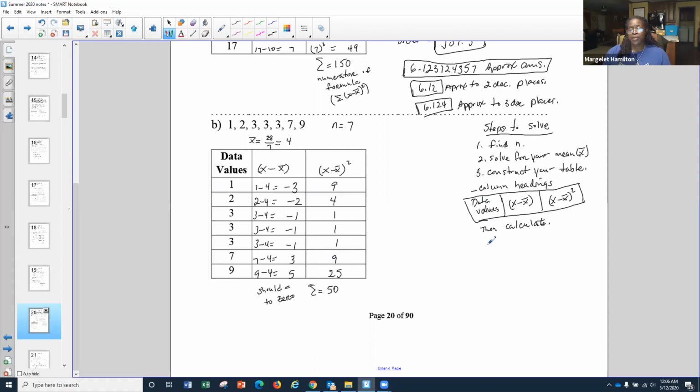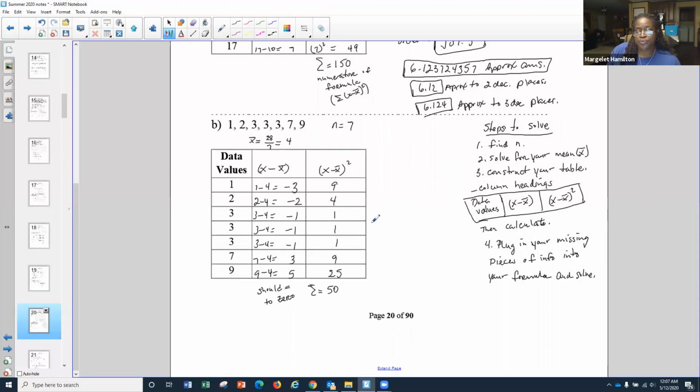So our fourth step. Plug in your missing pieces of information into your formula and solve it.